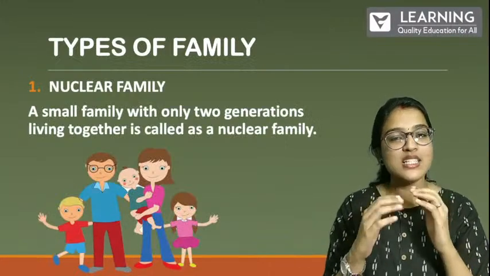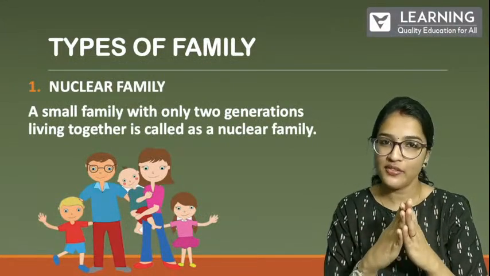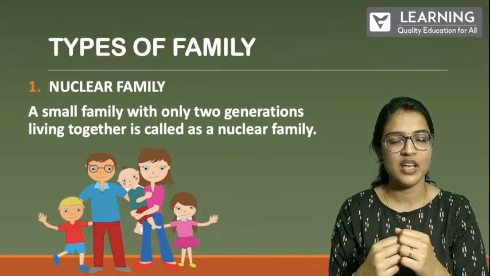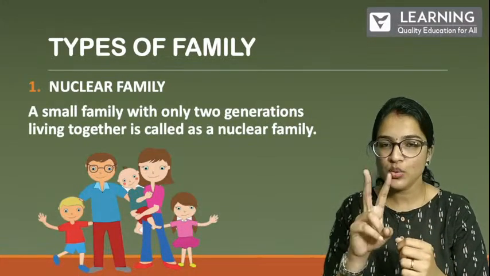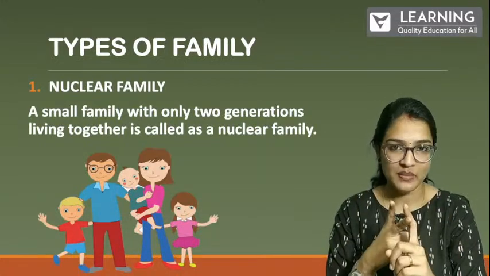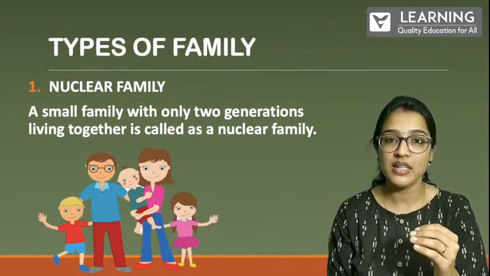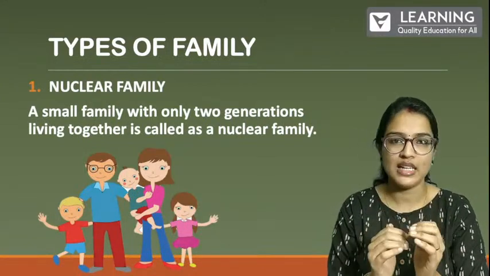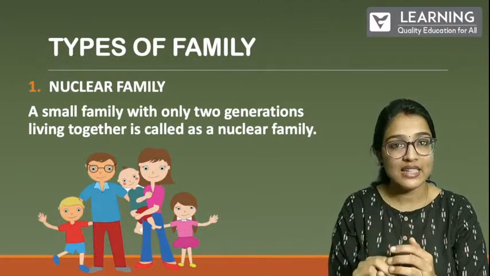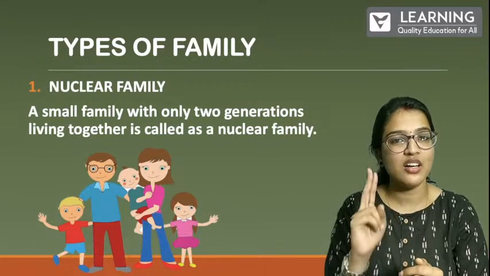Now, the next topic which we have to learn in this lesson is types of family. We should know how many types of families there are. There are basically two types of families, nuclear family and joint family. So what is a nuclear family? A nuclear family means a small family consisting of only two generations, that is, one generation of parents and one generation of kids.